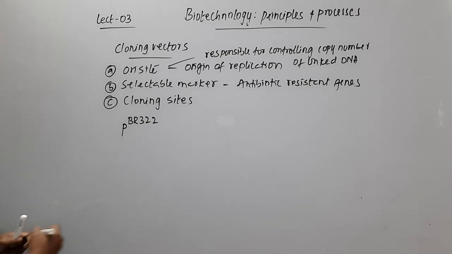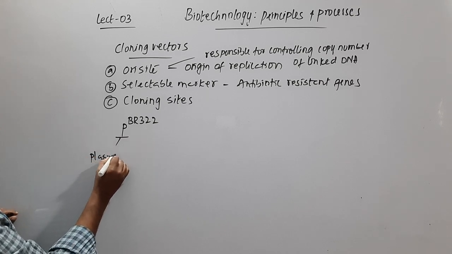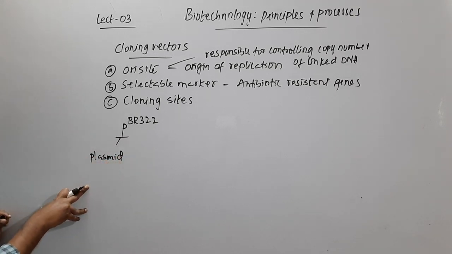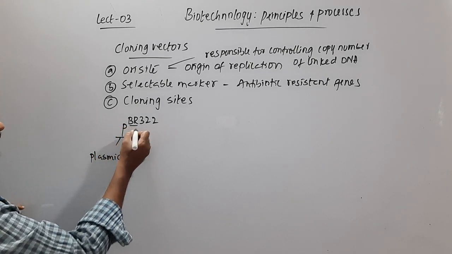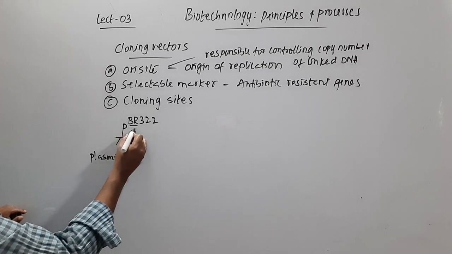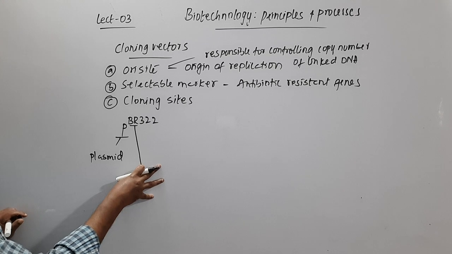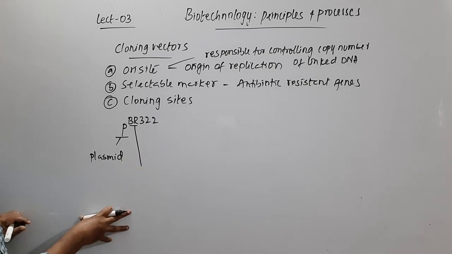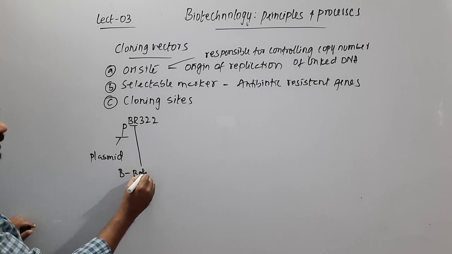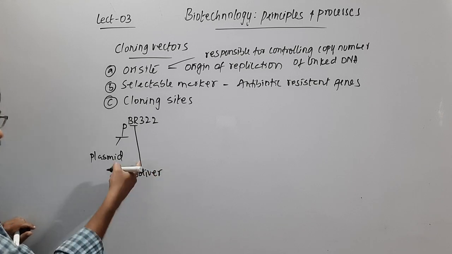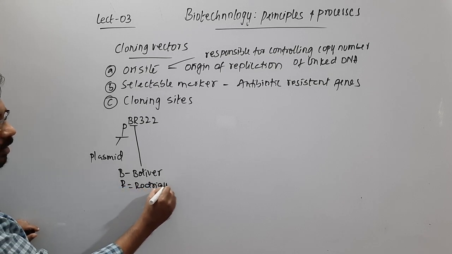In this case, this p always stands for plasmid, whereas the BR may change. In this case, BR are the two scientists who actually constructed this plasmid. B stands for Bolivar, one of the scientists, and R stands for Rodriguez.